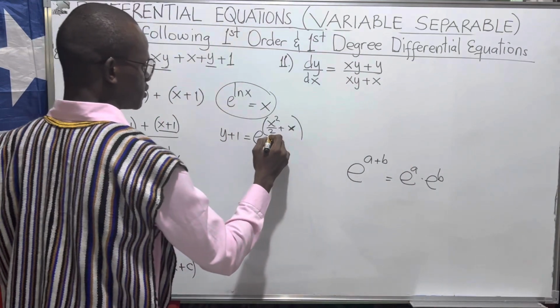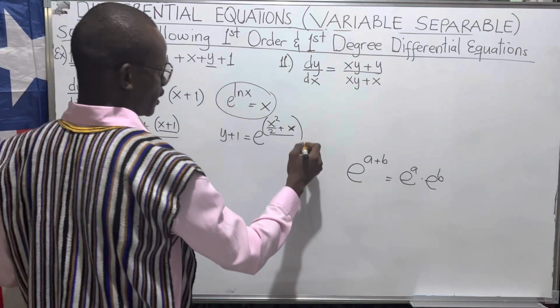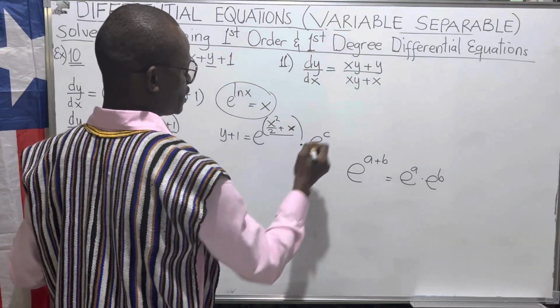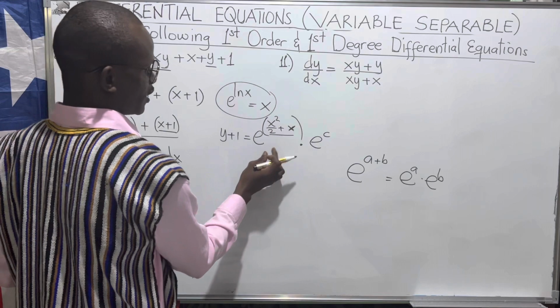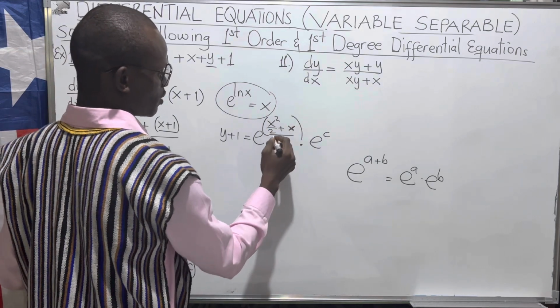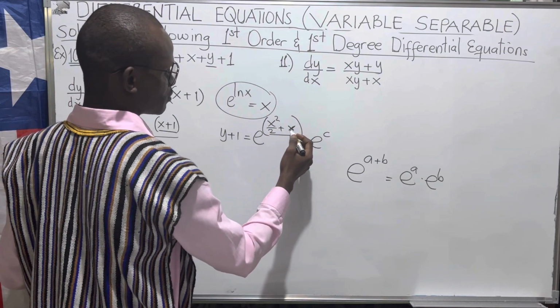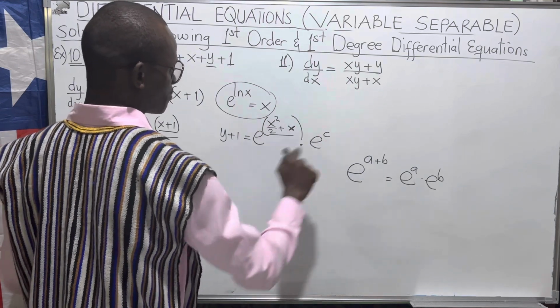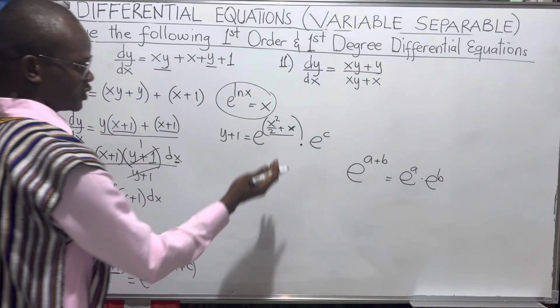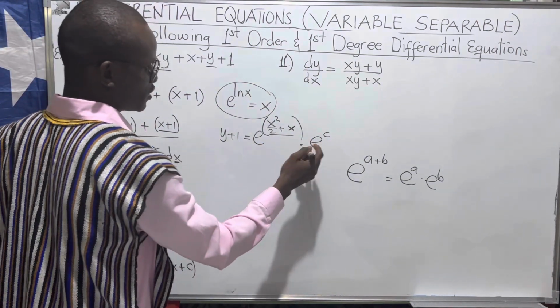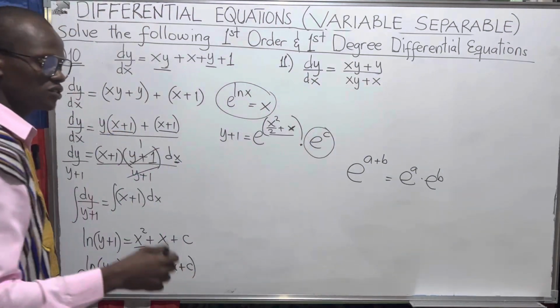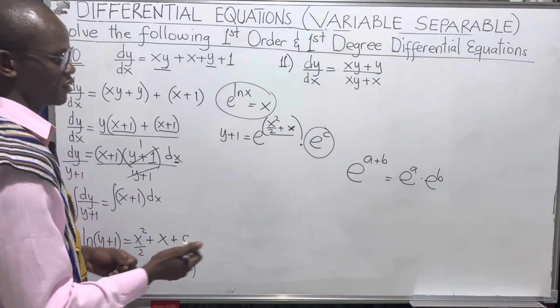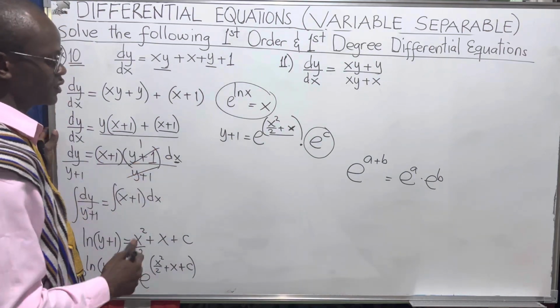So we consider the first two terms to be a, times e raised to c. Because if you're multiplying these two, since the bases are the same, you add their powers. The reason why we separated the c portion is because we just want to represent this entire e raised to c as some arbitrary constant, whether a, b, c, or whatever constant.